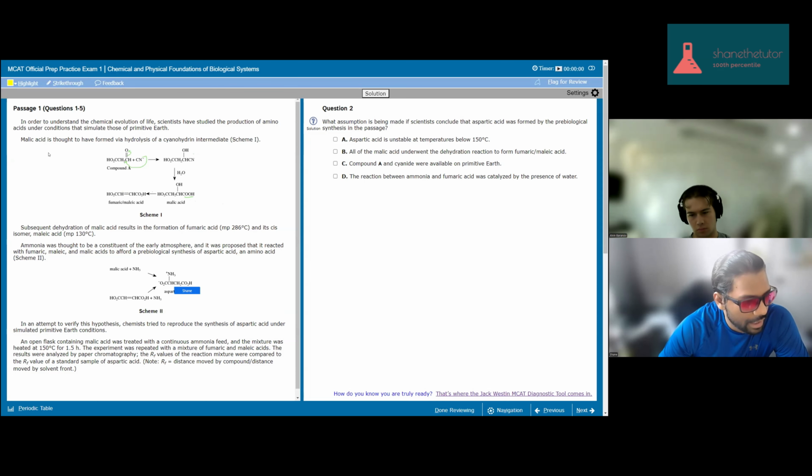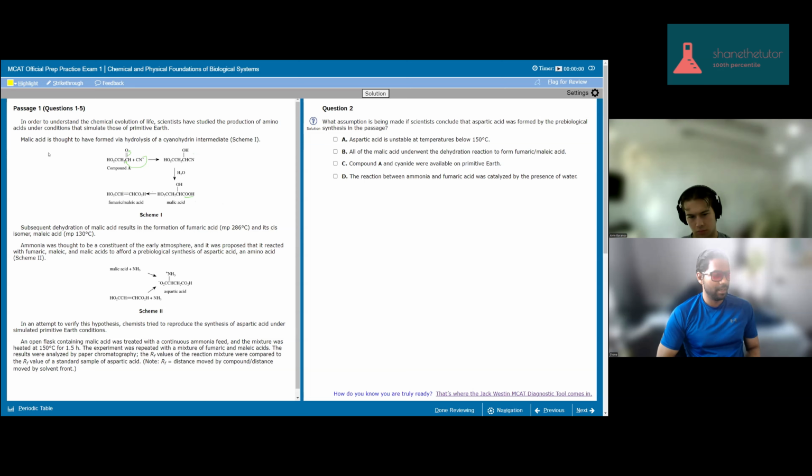In an attempt to verify this hypothesis, chemists tried to reproduce the synthesis of aspartic acid under simulated primitive Earth conditions. An open flask containing malic acid was treated with a continuous ammonia feed, and the mixture was heated at 150 C, which is between these two melting points, for 1.5 hours.